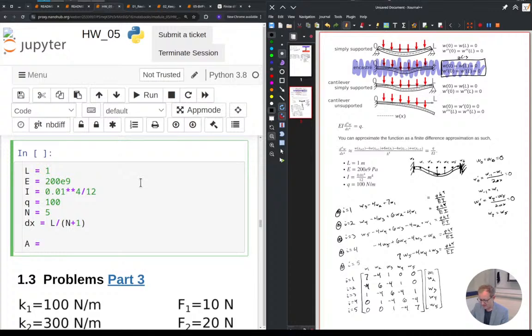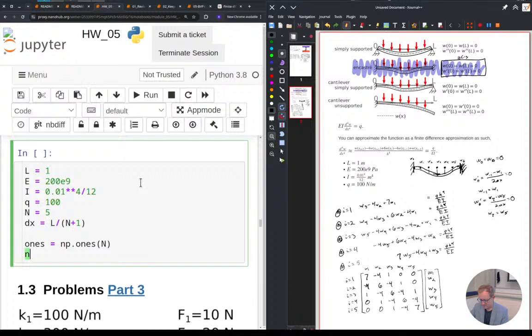So A is going to be, and to start off, I'm just going to set the whole middle diagonal as 6.